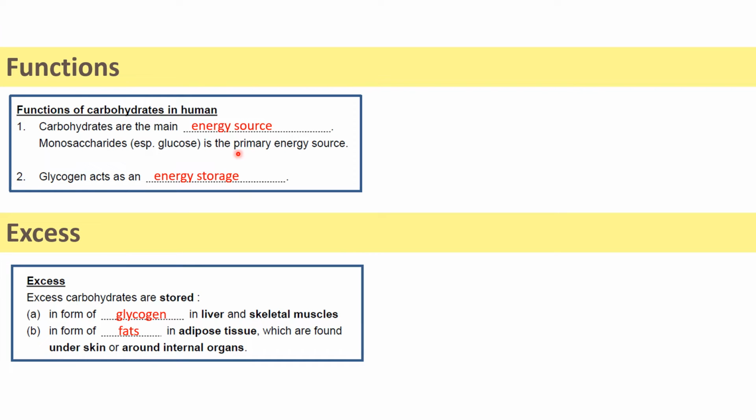So that's the meaning of the word primary. The large form of polysaccharides, the glycogen, acts as energy storage instead. Now, when the carbohydrates in our diet are in excess, our body would store these carbohydrates in the form of glycogen in the liver and skeletal muscles, or store in the form of fats in adipose tissues.